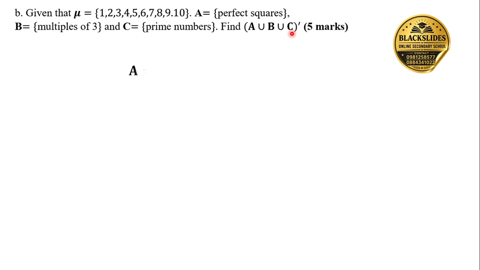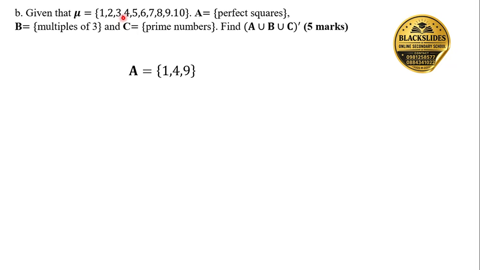So first and foremost, we shall need to find the sets A, B, and C. So we are told that A is a set of perfect squares. Remember, perfect squares are simply numbers that are obtained by raising some of these numbers to the power 2. So in this case, you shall have 1. If you raise 1 to the power 2, you are going to get 1.